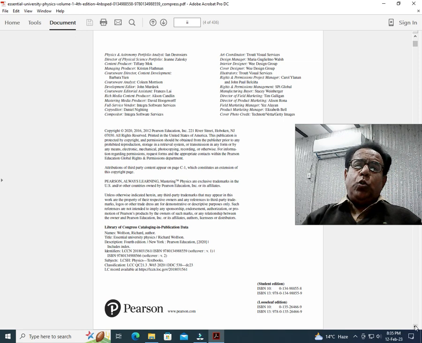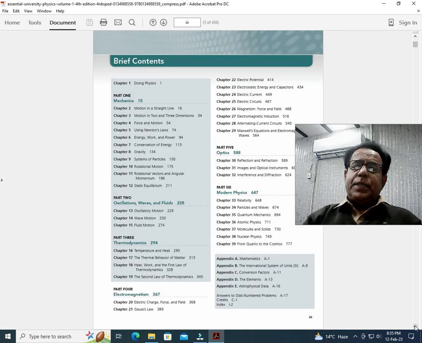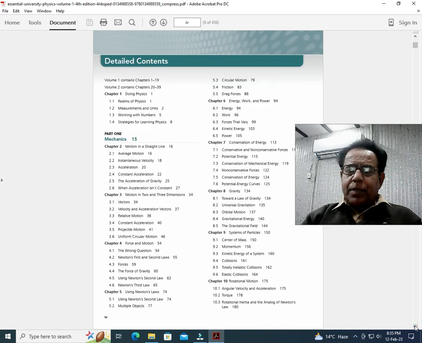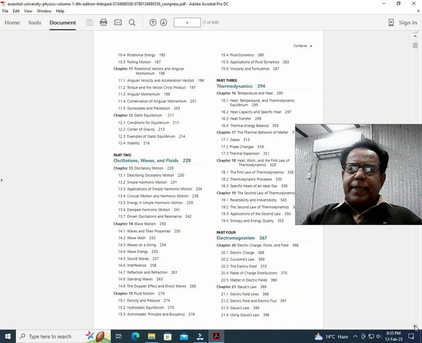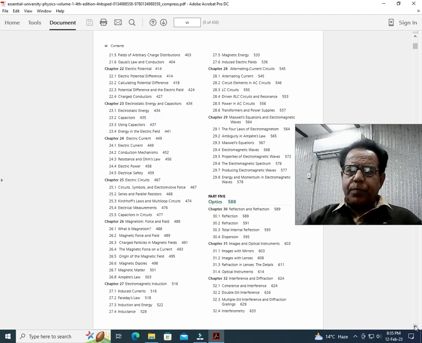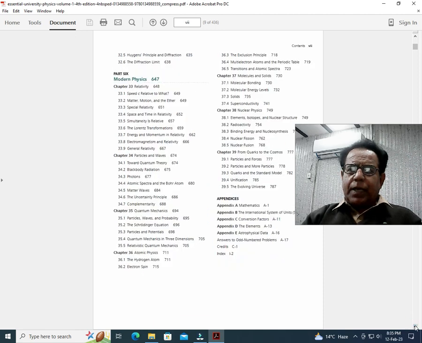So this is the latest material. These are the contents in detail. The last chapter is 39, From Quarks to the Cosmos.